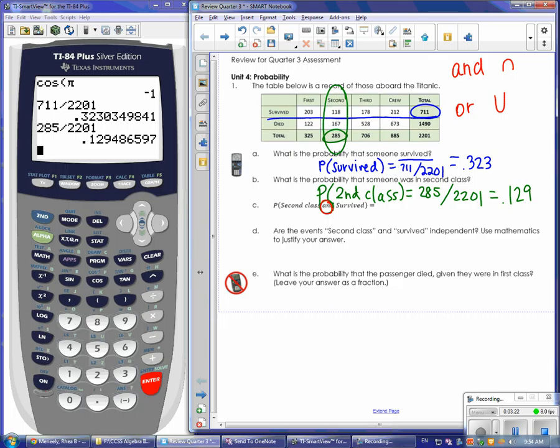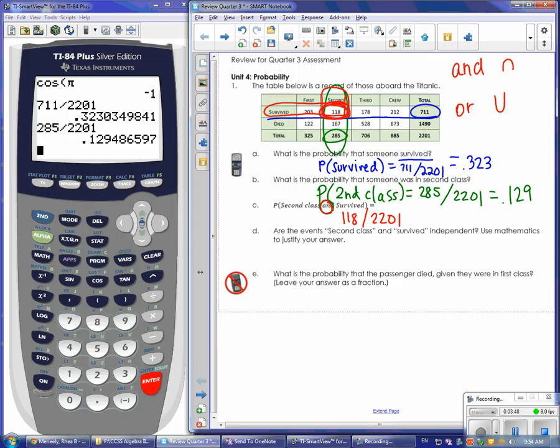So the probability of being in both second class and surviving, I now want to make sure that I'm looking where both conditions are met. So this group of individuals right here were in second class and they also survived. There were 118 of them. Again, there's no other condition, so I'm still talking about out of the total. So the probability of being in second class and surviving is 118 out of 2201.